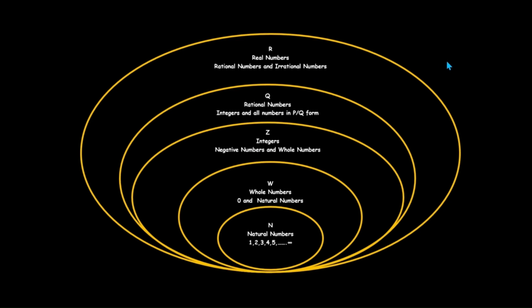And when we come from outside in, real numbers is the superset of all the numbers that we know, and it's a superset to rational numbers, and rational numbers in turn is a superset of integers, and so on.